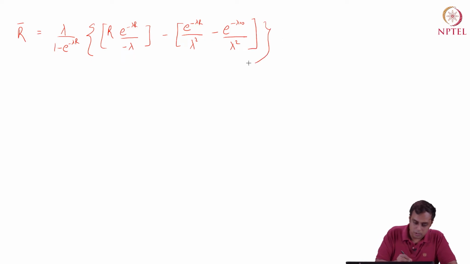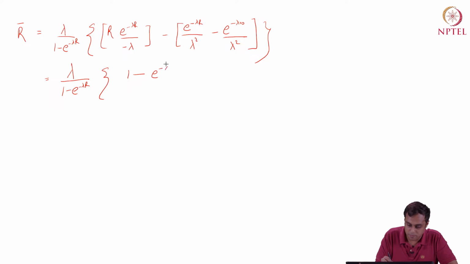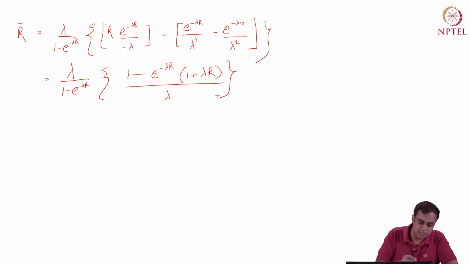So I have basically R bar given as lambda over 1 minus exponential to the power minus lambda R times, we are going to have 1 minus exponential minus lambda R times 1 plus lambda R over lambda, which can be further simplified.